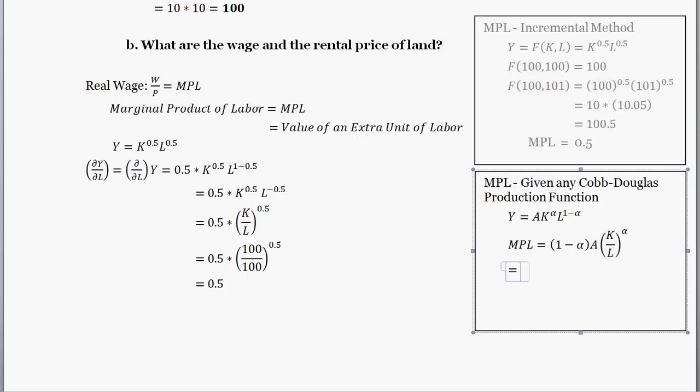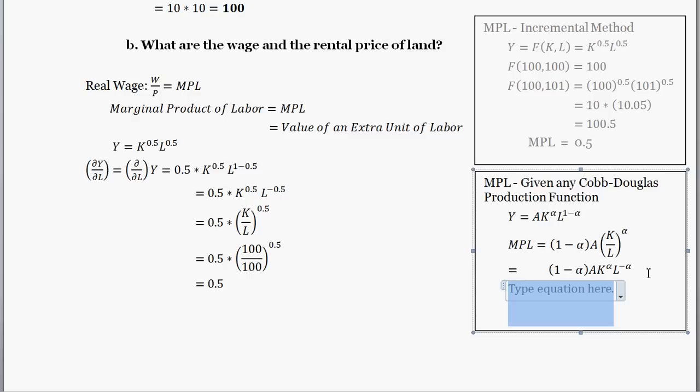And then just for good order, I'll have a couple other ways that this could look as well. So these are all equivalent. It's just another way to organize your information. So k to the alpha, L to the negative alpha is equal to this little portion right here.